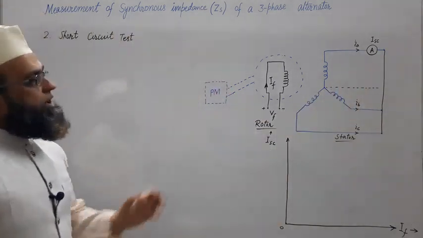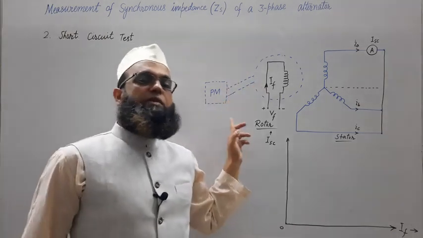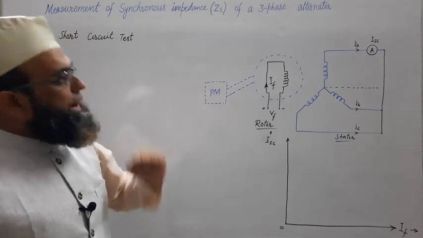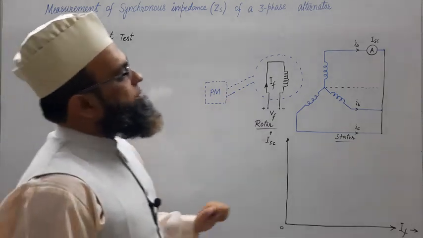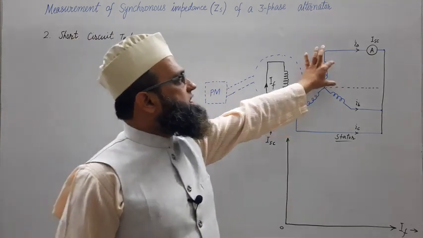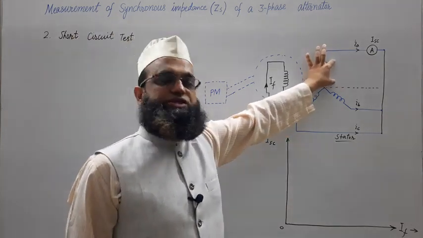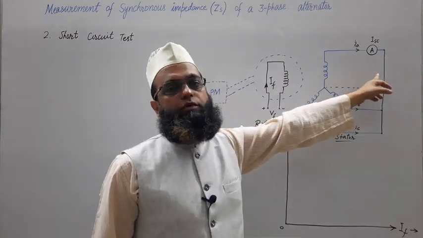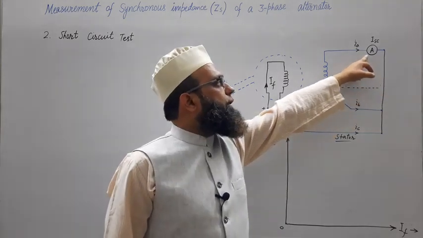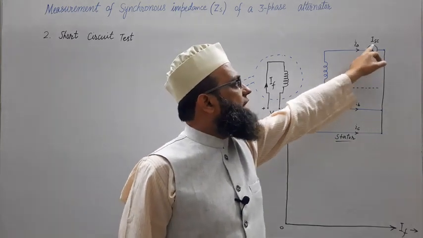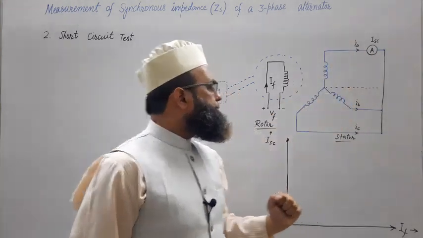Step number 2, run the rotor at synchronous speed by means of a prime mover. Now, as we have shorted the terminals, even a small EMF induced in the armature will cause significant current to flow, and the corresponding readings can be read with the help of an ammeter. Fine.